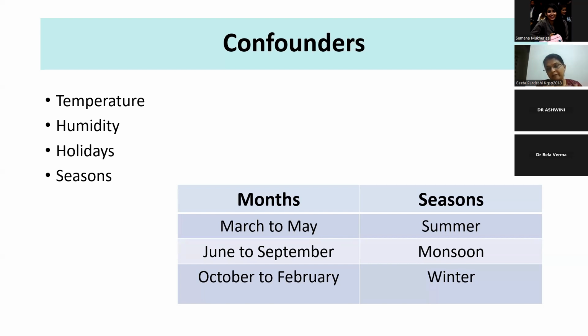Even if they have severe illness on a working day, they might not be able to visit the emergency department, or they may not have somebody to accompany them to the emergency department. It may be more feasible to go to the department. So this is a very interesting variable which we found when we were reading articles on this outcome. So this becomes a potential confounder, that is, whether it's a holiday or a working day.